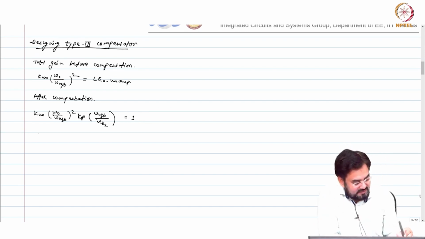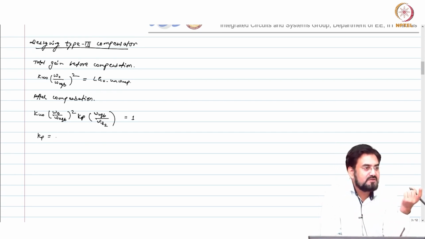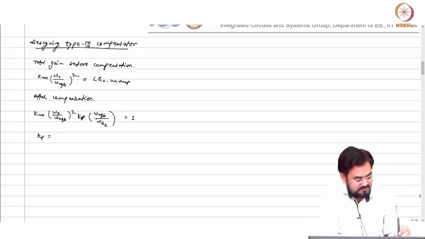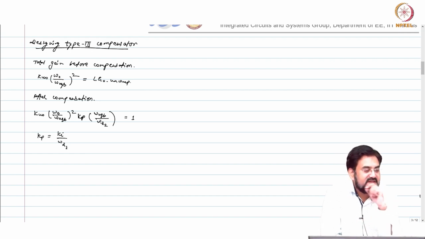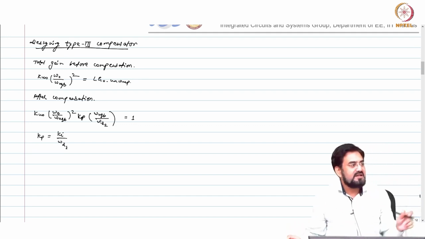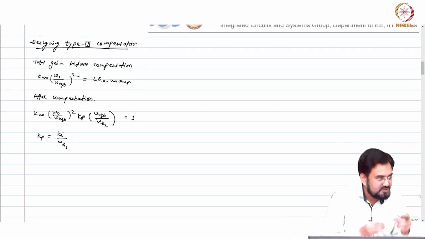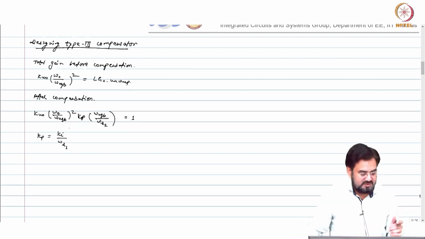And what is Kp in terms of the 0? The reason I am not writing in terms of R1, R2 is that what if you design it using GM by C? So you have to generalize it, make everything in terms of omega z1 and omega z2, and then if your omega z1 is GM by C or 1 over RC, you substitute that and from there find the values.